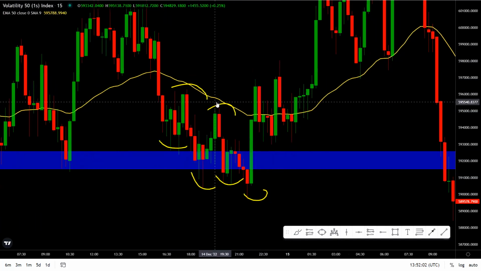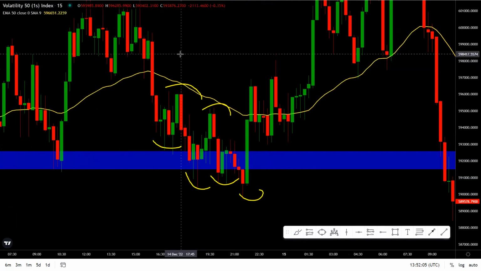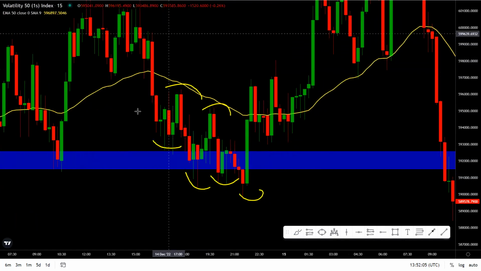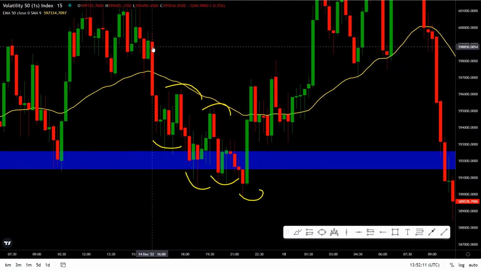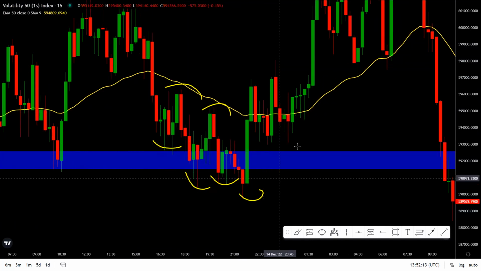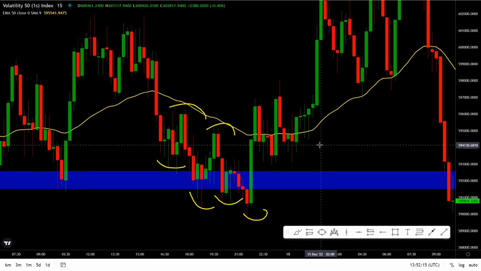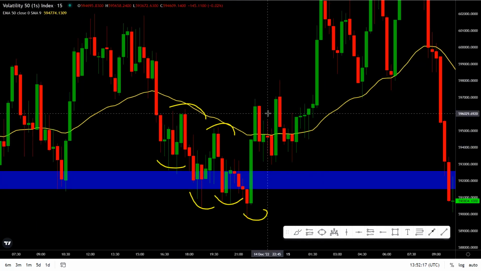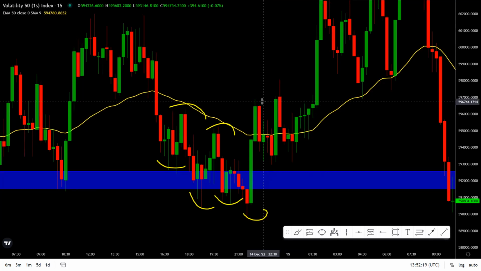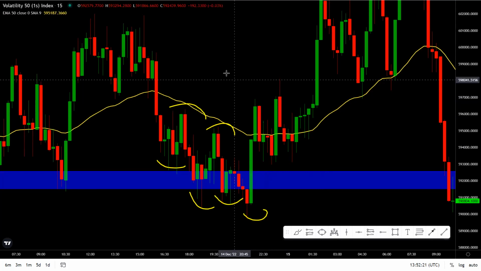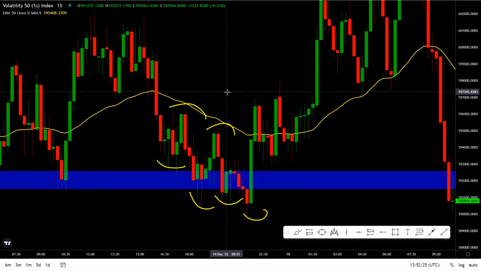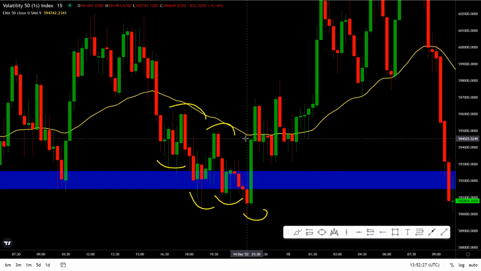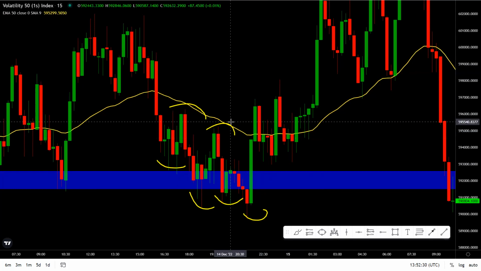Coming down toward the 15 minutes time frame, I want the 15 minutes time frame to be bullish because I'm looking to buy. Looking at a buy setup from the hourly time frame, the rule states that the 15 minutes time frame must be in a bullish structure for me to take the buy setups from the hourly time frame.